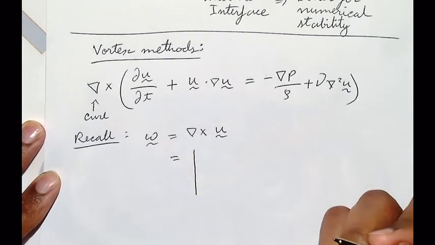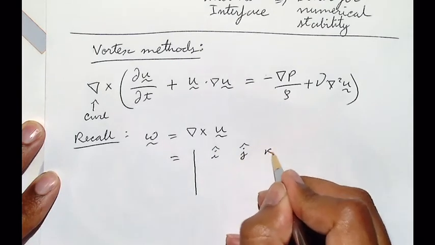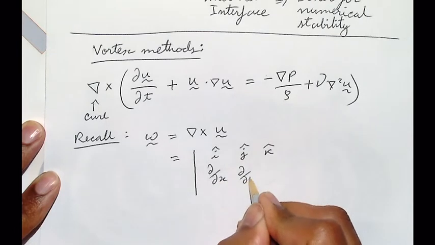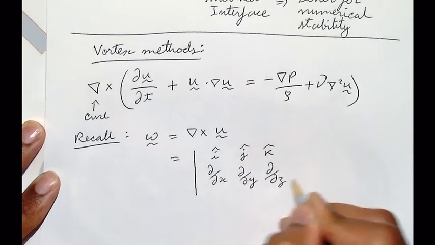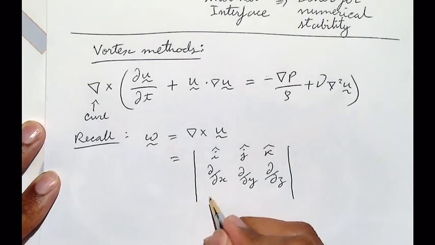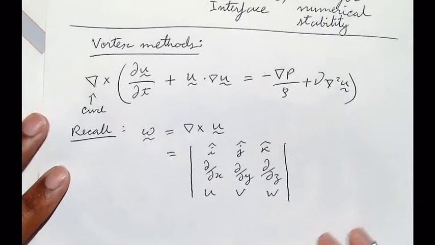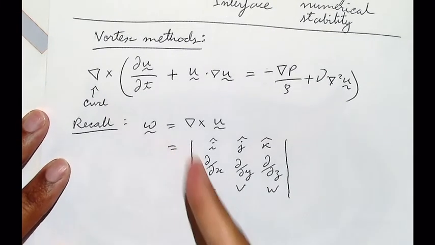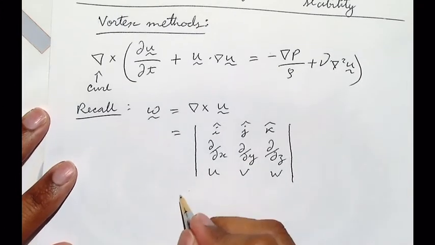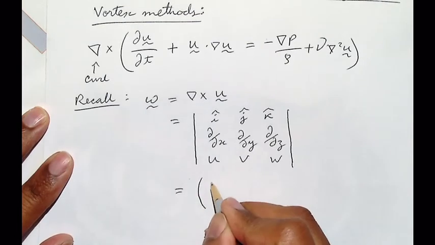It's a matrix of i, j, k, partial over partial x, partial over partial y, partial over partial z, and u, v, w. This is just like computing a determinant, and so what do we get?